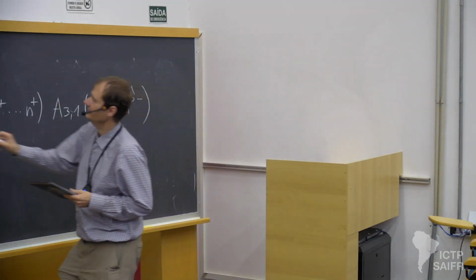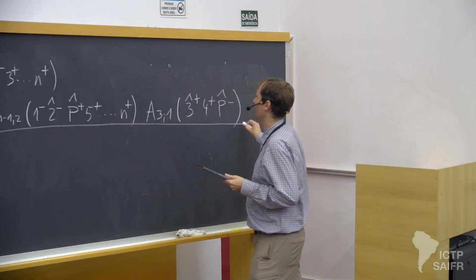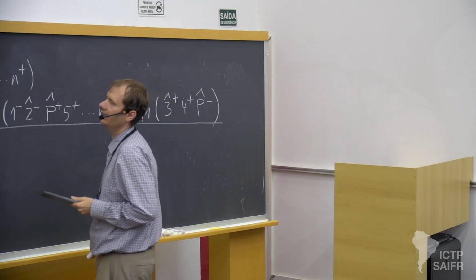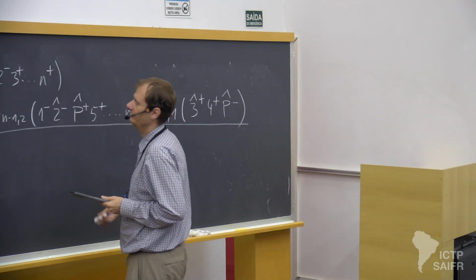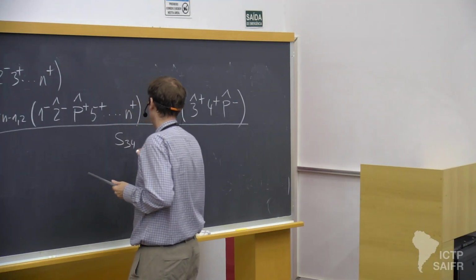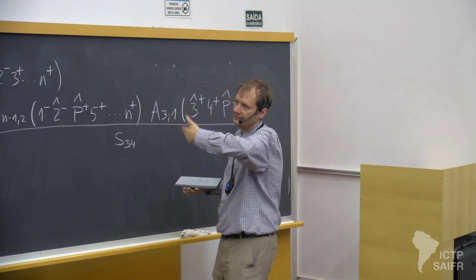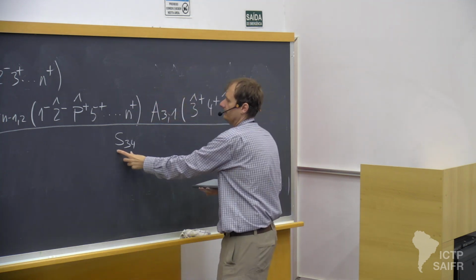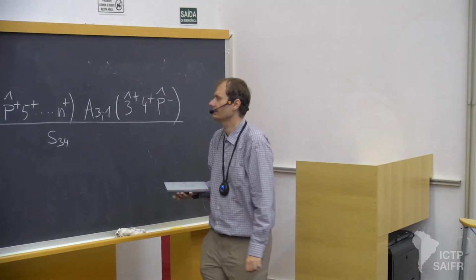And now it's divided by the unshifted P square, which is S34. You can also write it in terms of S of this multi-particle on the other side, but because of momentum conservation, it's just S34.